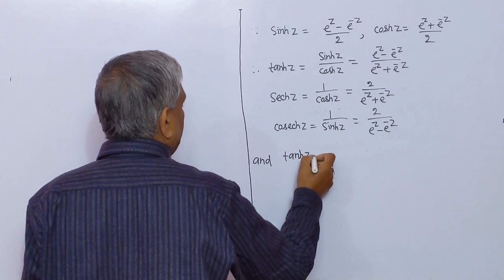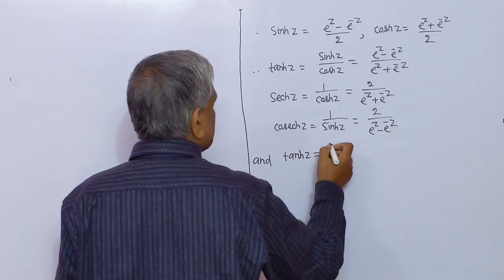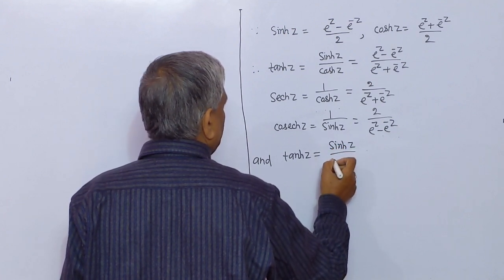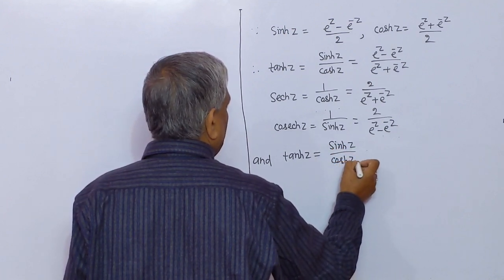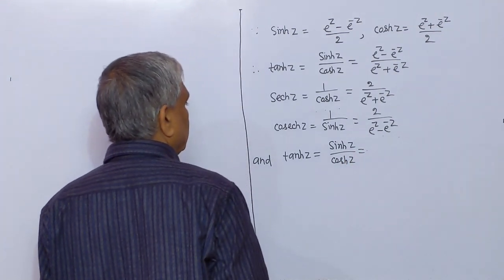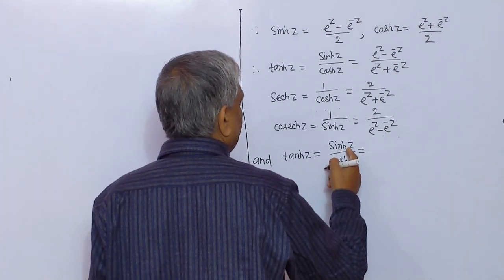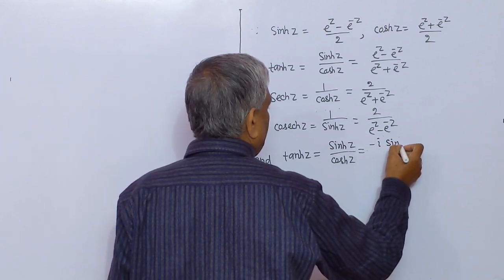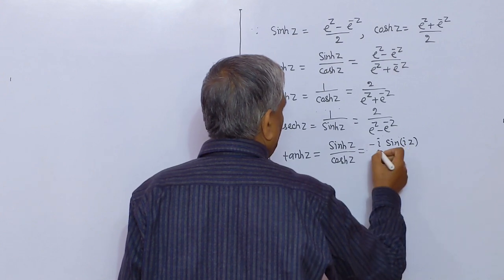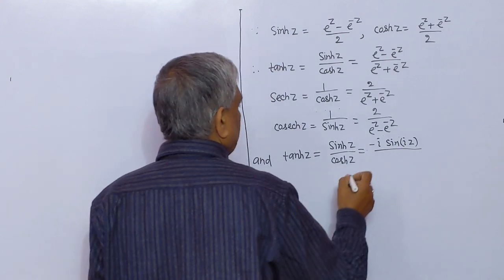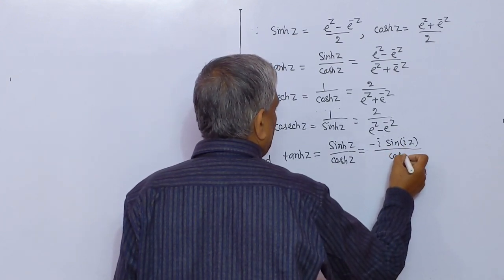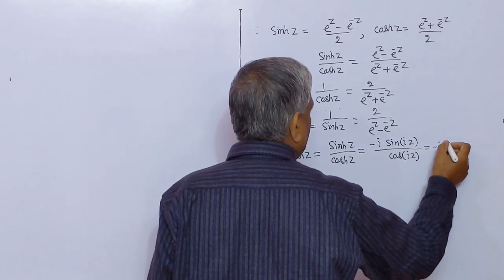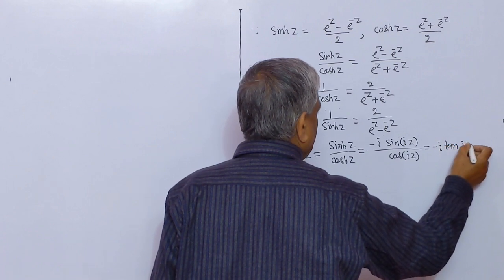And hyperbolic tan z equals hyperbolic sin z by hyperbolic cosine z, and this is equal to, hyperbolic sin z is minus i sin iz by cos iz, and this is equal to minus i tan iz.